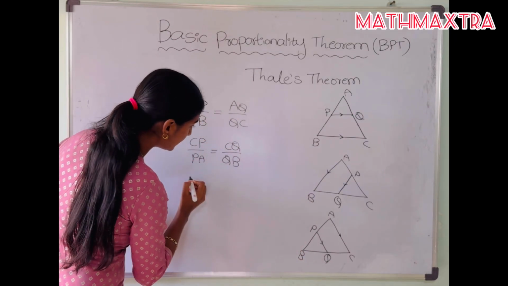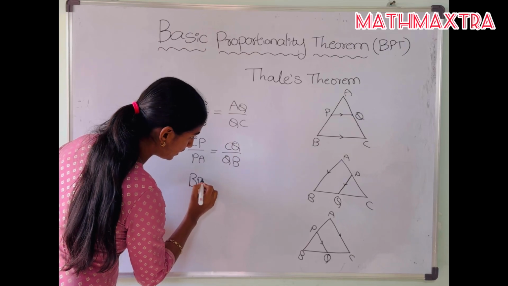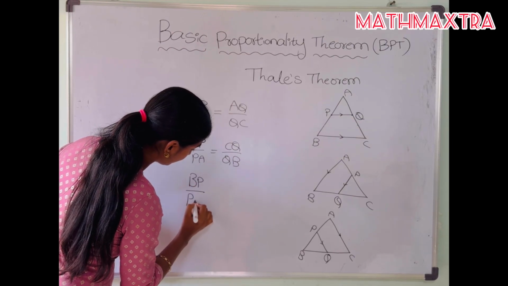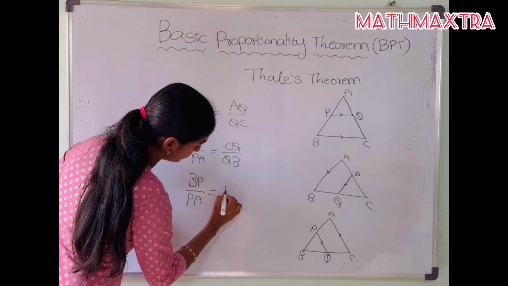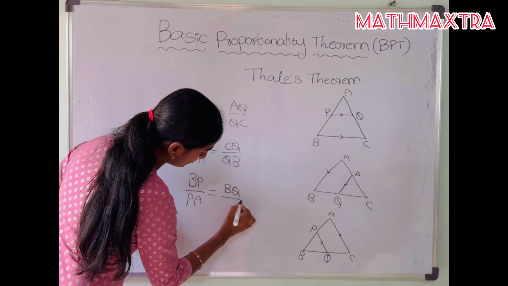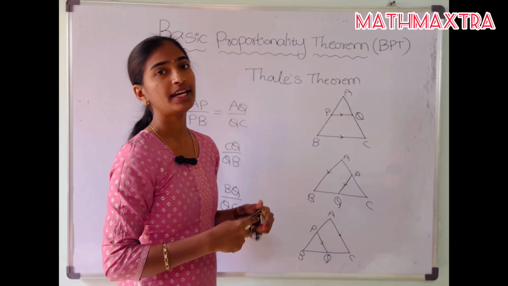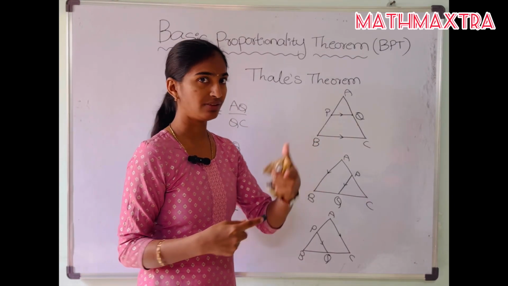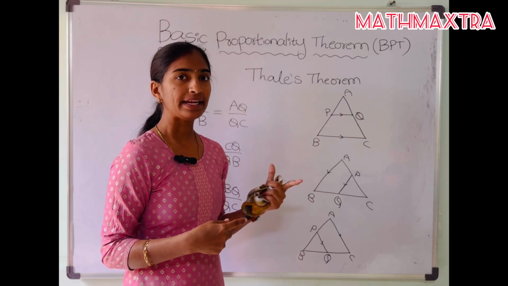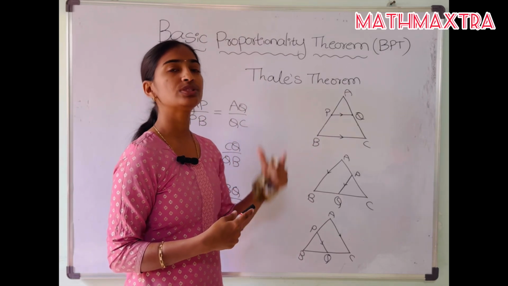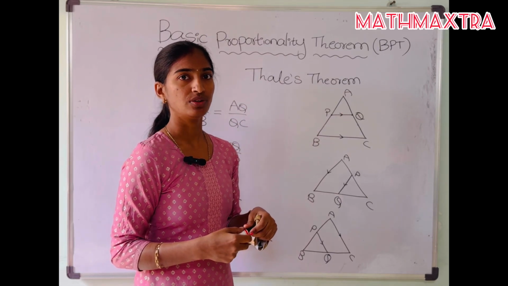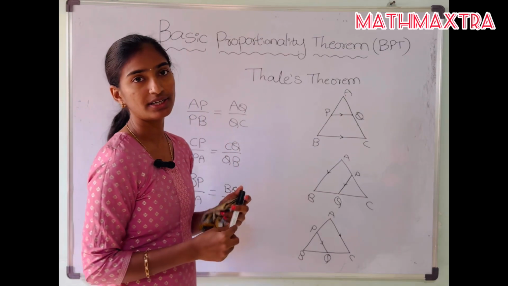How can we write it? BP by PA, which is equal to BQ by QC. So if we take any line which is parallel to any one of the three sides, that line will divide the other two sides in the same ratio. This is the basic proportionality theorem.